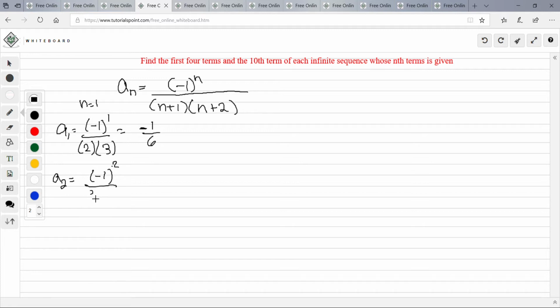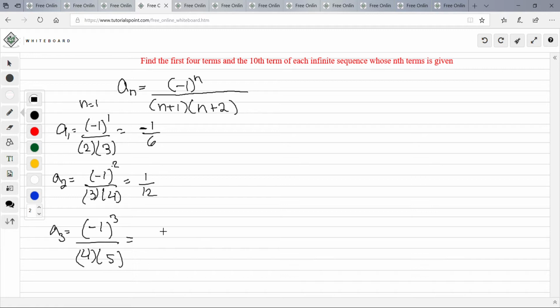Two plus 1 is 3. 2 plus 2 is 4. So that's 1/12. Three plus 1 is 4. 3 plus 2 is 5.